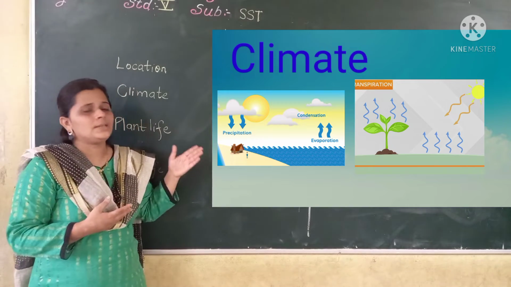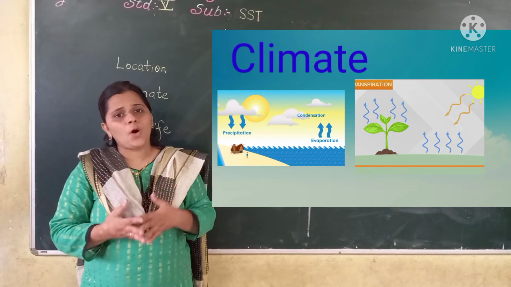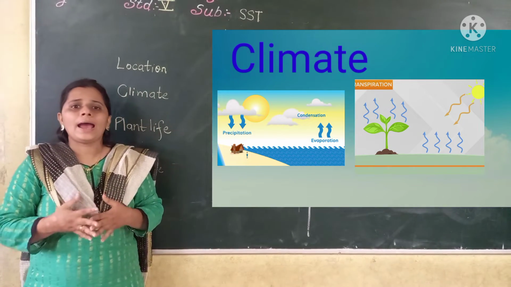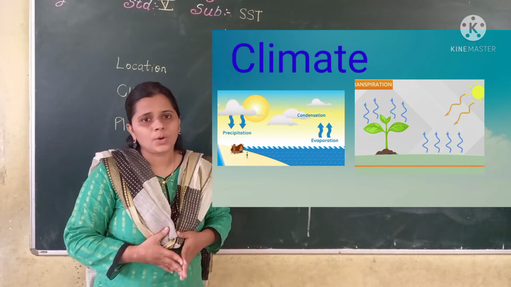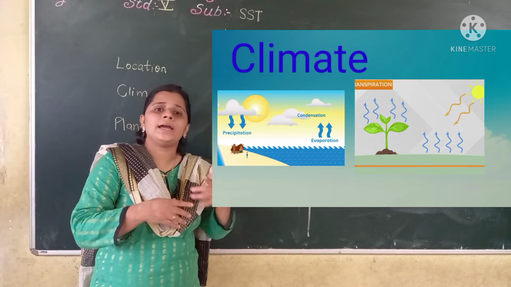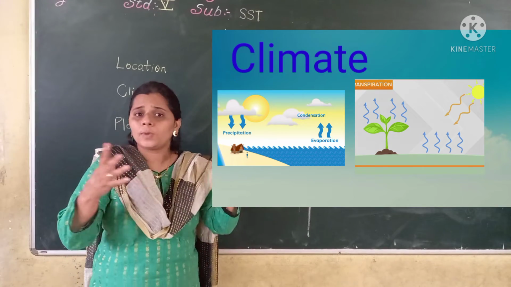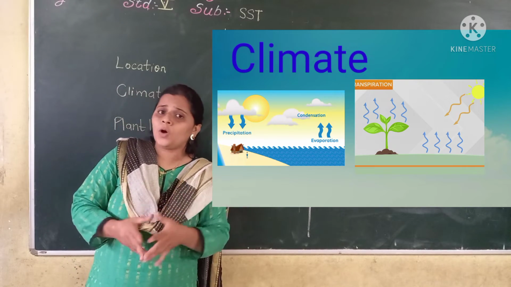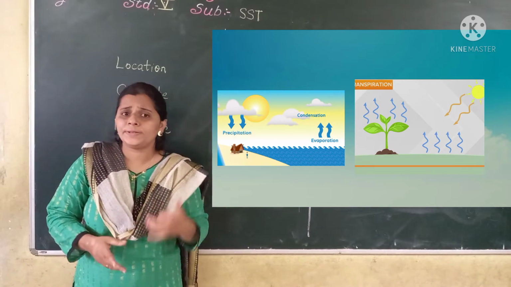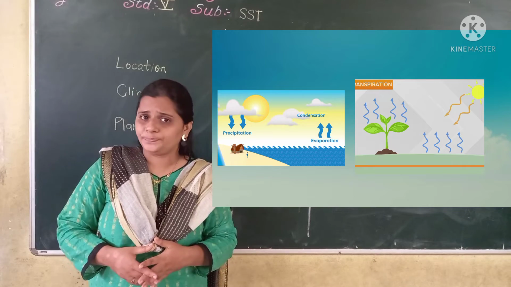This water gets evaporated and forms clouds, and then it comes down in the form of rain. So because of that, this place remains hot and wet throughout the year.